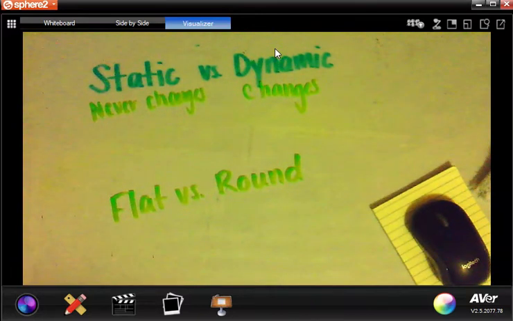I like to look at Shrek for this. Most of you have seen the movie Shrek. At the beginning of the movie, he's a grumpy ogre who wants to be left alone. He has no friends. And at the end of the movie, he's fallen in love and he has friends and he's happy and he's not quite as grumpy anymore. His personality completely changed from the beginning of the movie to the end of the movie.